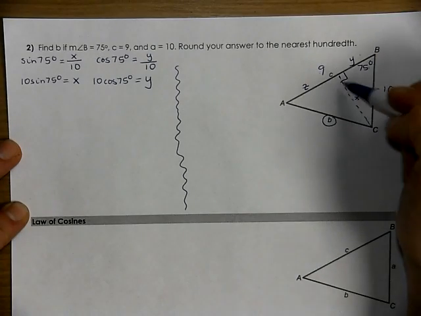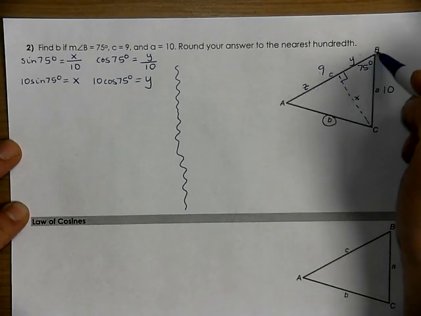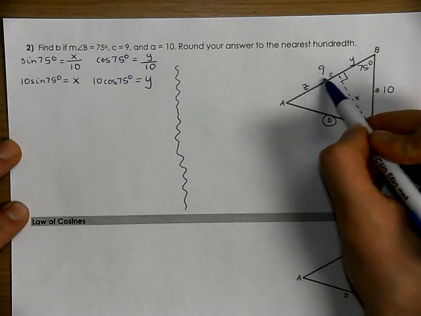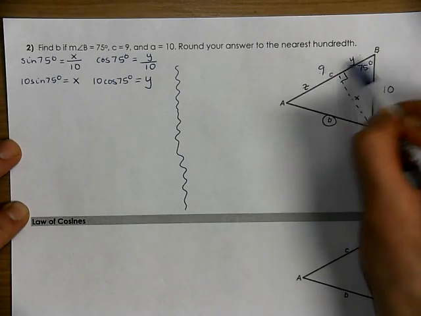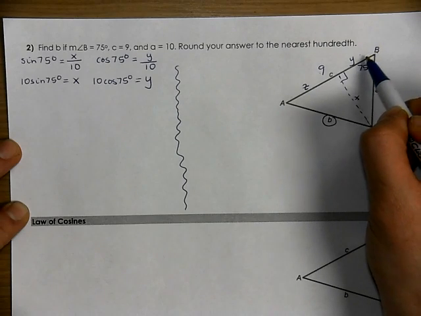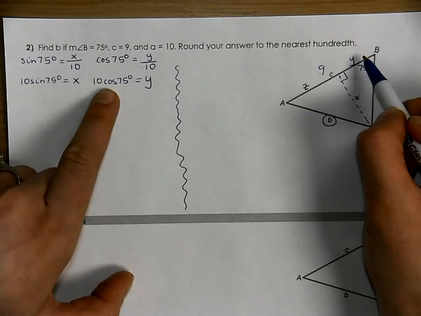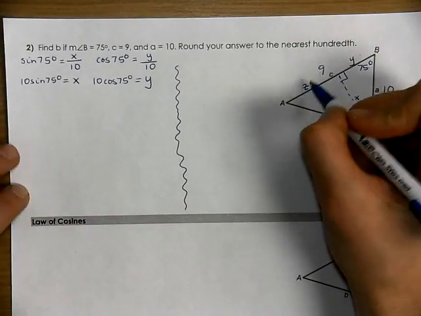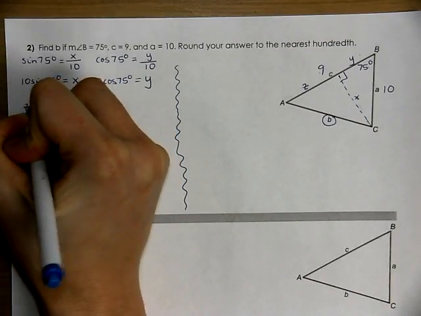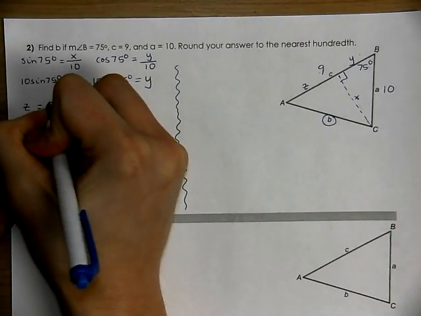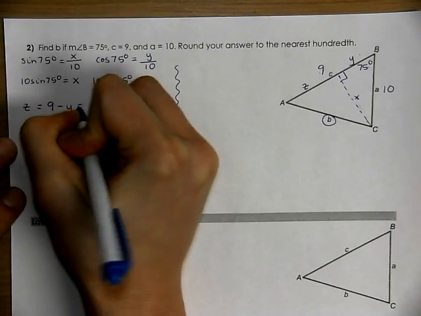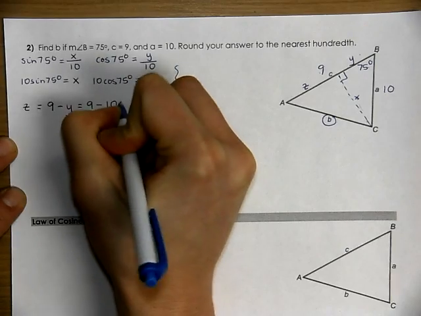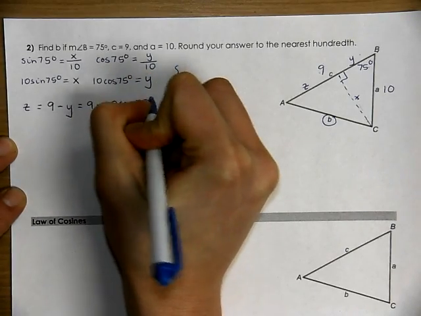Now that I know this length and this length, I can find z by using the segment addition postulate. If AB is 9 and y is 10 cosine 75 degrees, then z must be equal to 9 minus y, or 9 minus 10 cosine 75 degrees.